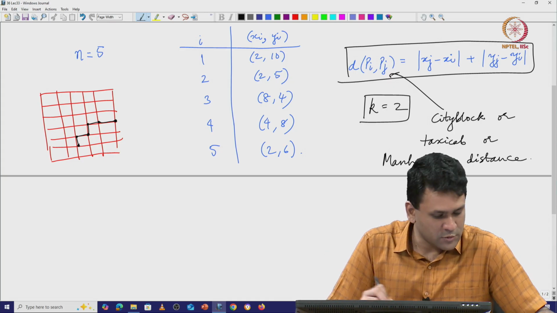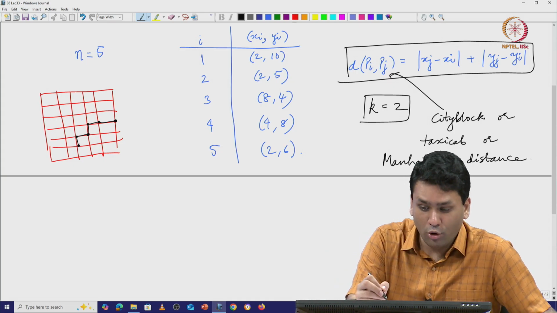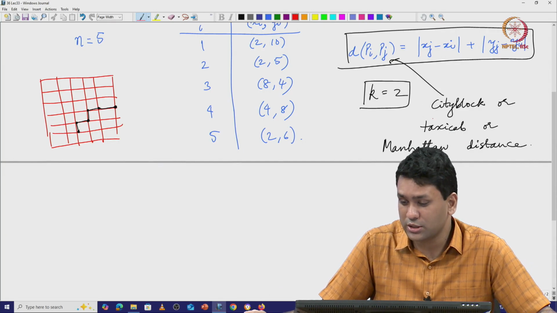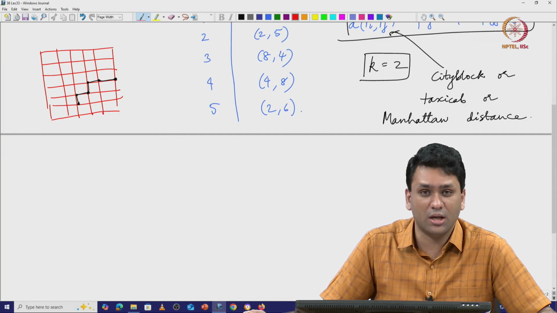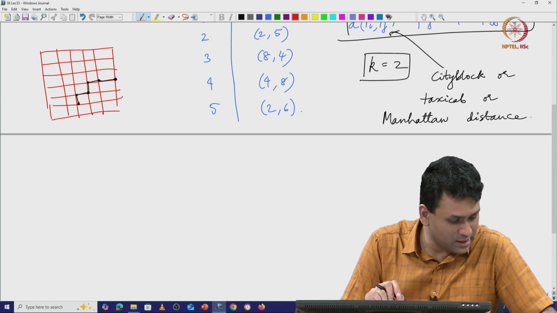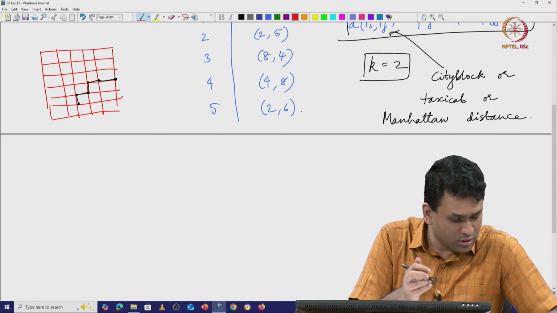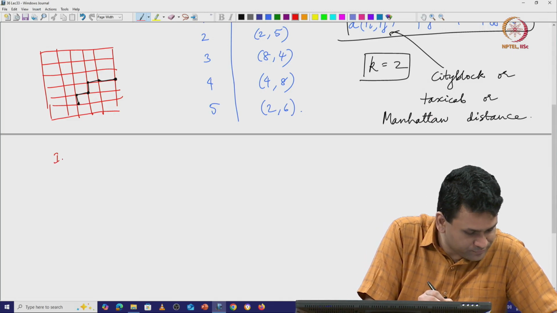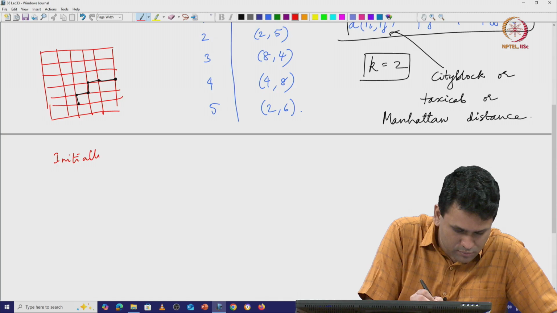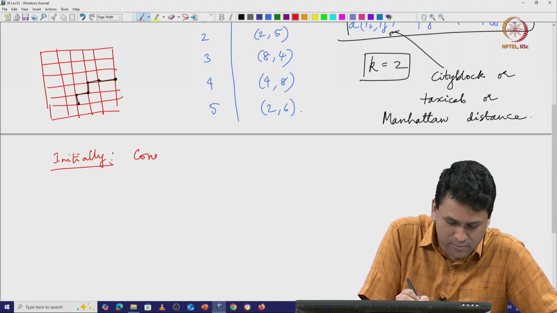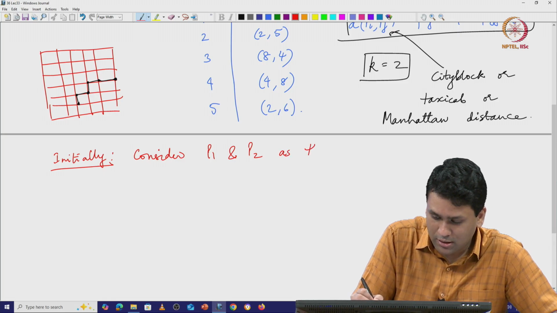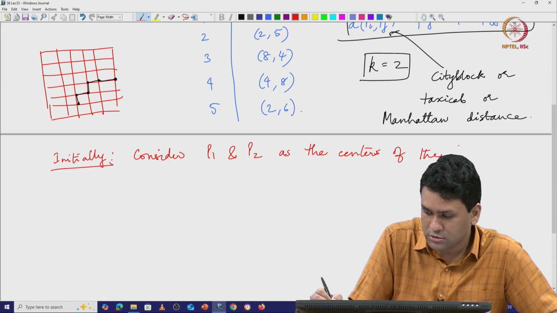Okay. And you all may remember from our discussion that we do need to specify the initial clusters. How are the initial clusters decided? So it has been given to you that initially, consider P1 and P2 as the centers of the two clusters.